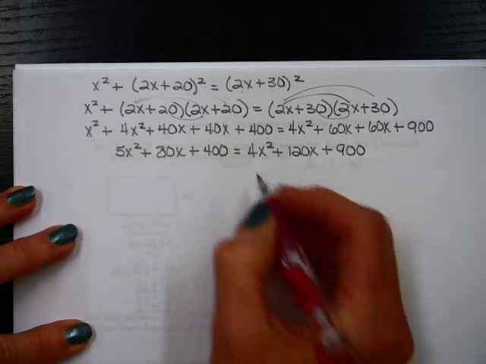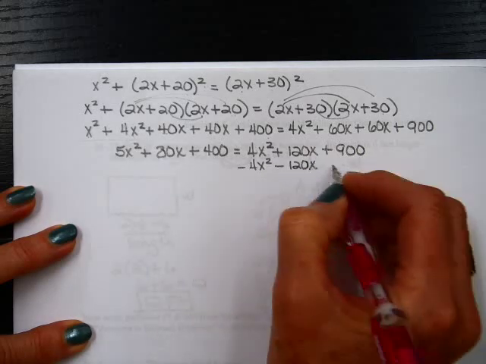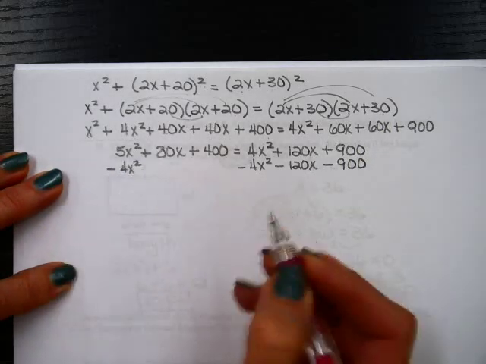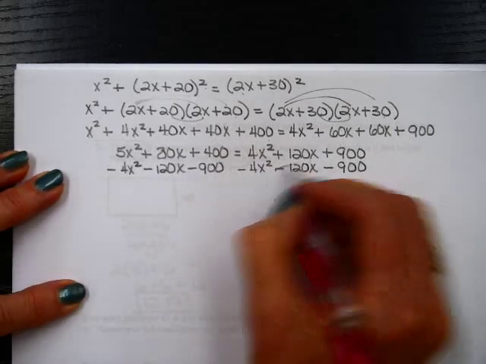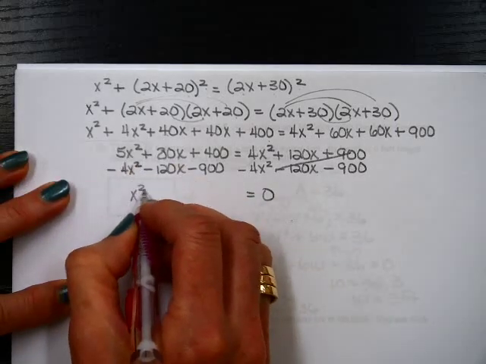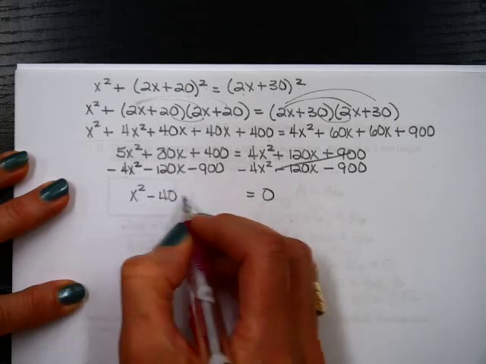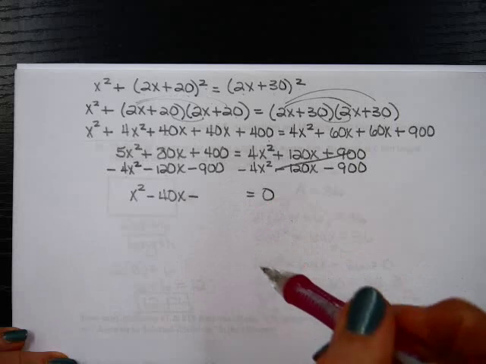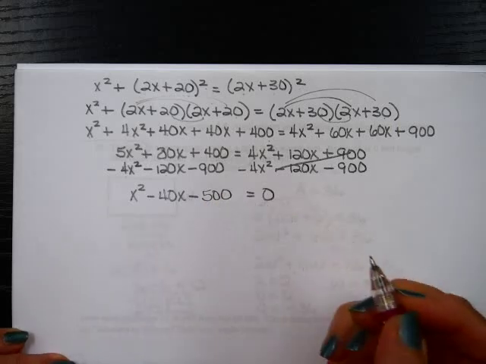All right, well this looks like it's going to be a quadratic equation, so we need to get it in standard form. So let's subtract our 4x squared, let's subtract our 120x, and let's subtract our 900 to the other side. So we'll have a minus 4x squared, a minus 120x, and a minus 900. 5 minus 4 is going to give us x squared, minus 80 minus 120 is 40x, minus 400 minus 900 is going to give us 500.